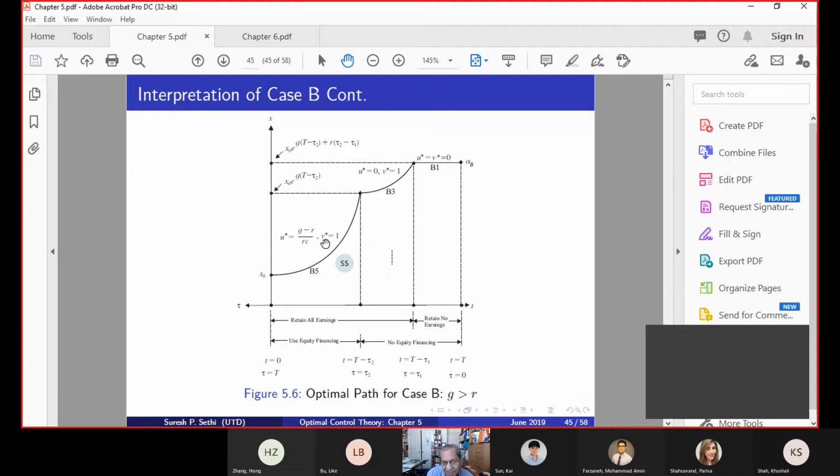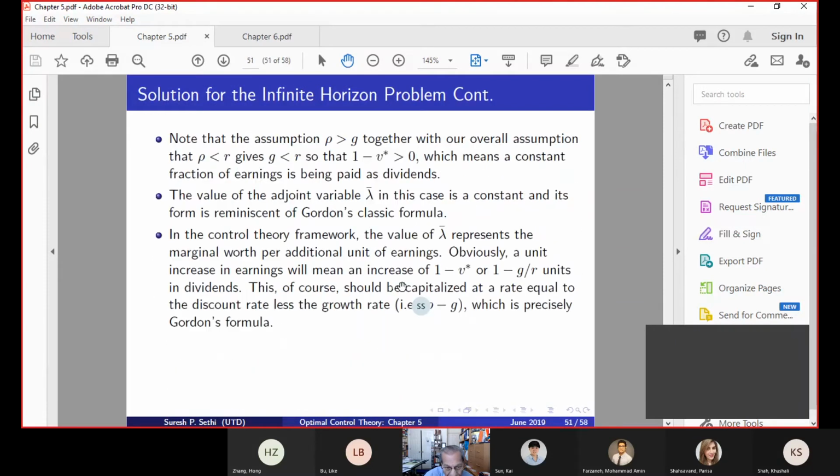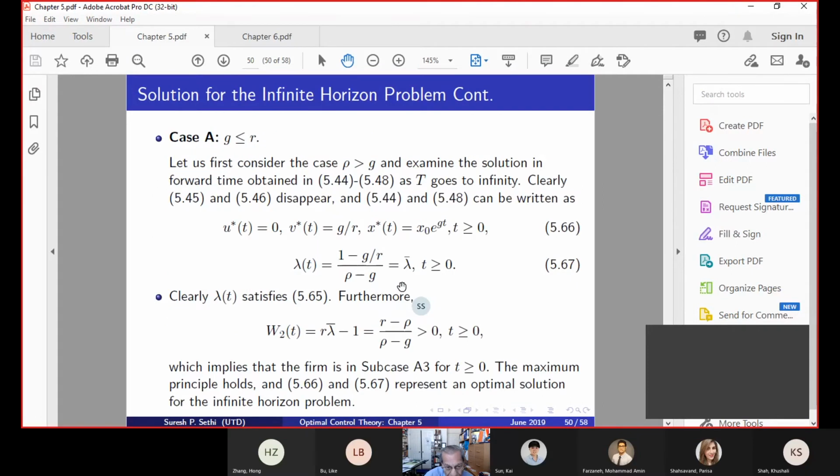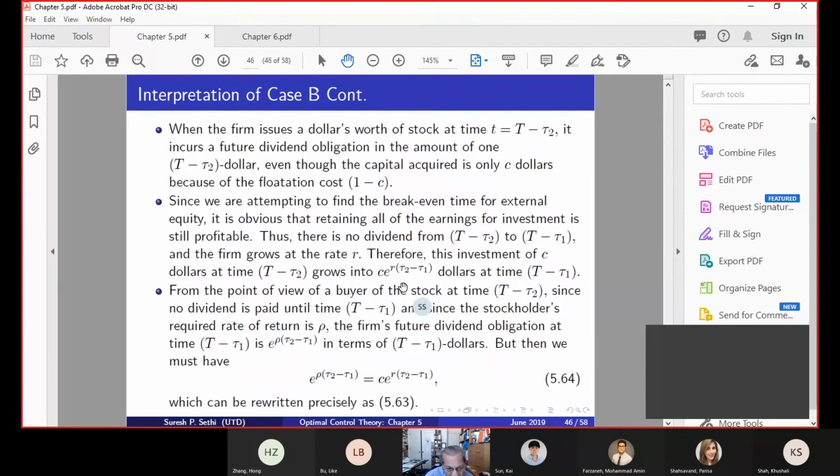So the value of the company, if you talk about the dividend, is there is no dividend, right? Let's see what is going on. One more thing here.